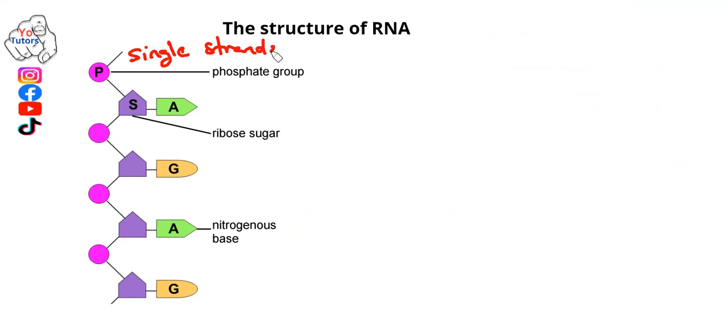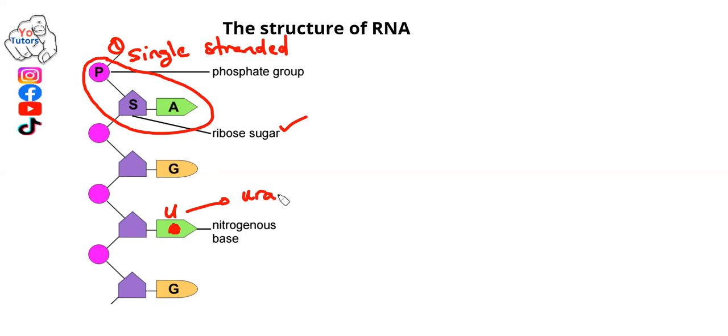It's also made up of nucleotides, the same nucleotides, but the difference is in the sugar and also one of the bases, which is the uracil. In this case, I didn't put it. Let me just replace this with a U. Okay, so that's our uracil there.